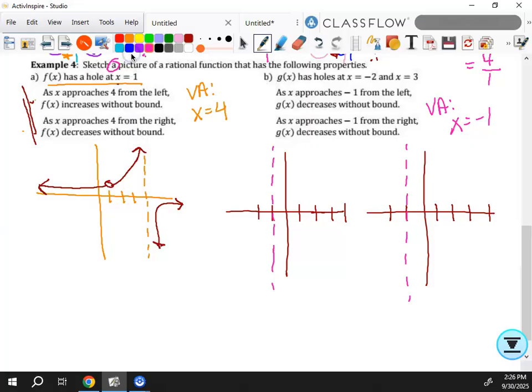If we assume a horizontal asymptote at y equals 0, because why not? That's the easiest. I have a hole at -2 and at 3. So here's -2. I could have a hole right here, and this could come in and look something like that. And then I have one at 3. So it might come in and look something like that, right?